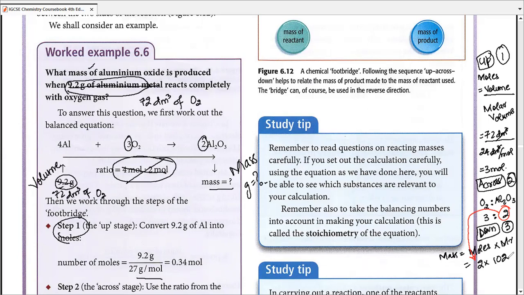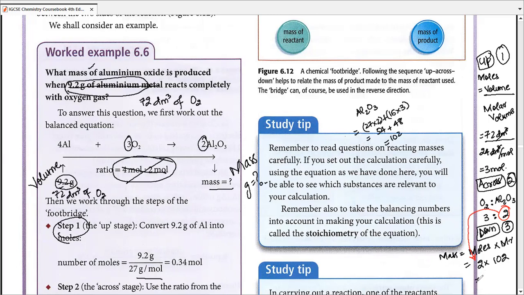mR was, I guess, 102. I should write it over here, shouldn't become a problem. 27 into 2 plus 16 into 3, that's actually 54 plus 48. The answer is equal to 102, right?